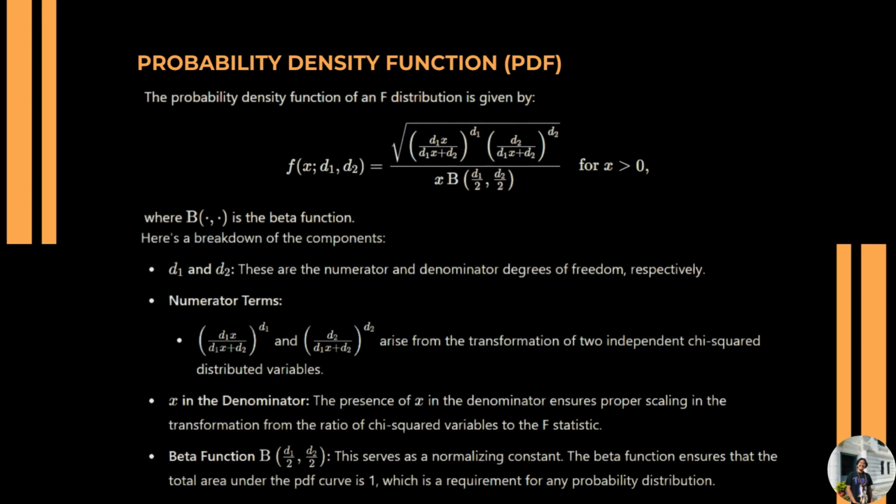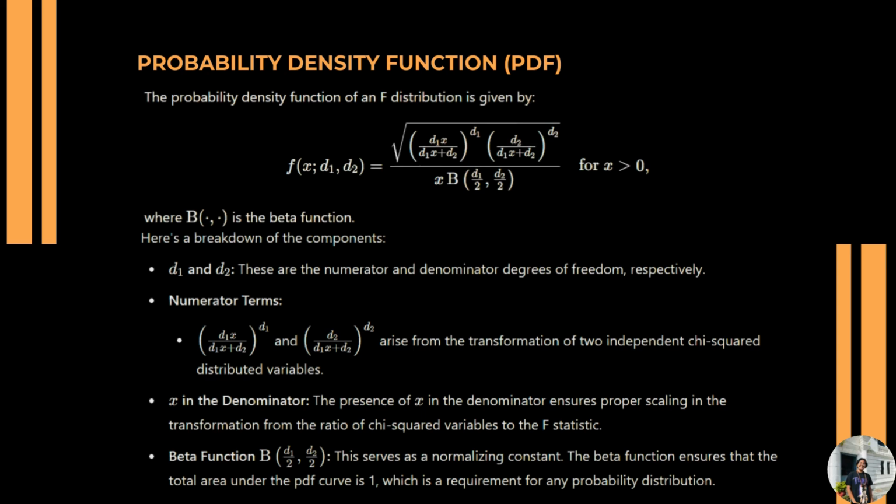Now let's take a look at the probability density function of the F distribution. The formula is given below, where B is the beta function. Breaking it down, we can see that D1 and D2 are the degrees of freedom, where D1 corresponds to the numerator degrees of freedom and D2 corresponds to the denominator degrees of freedom. The numerator terms arise from the transformation of two independent chi-square distributed variables.